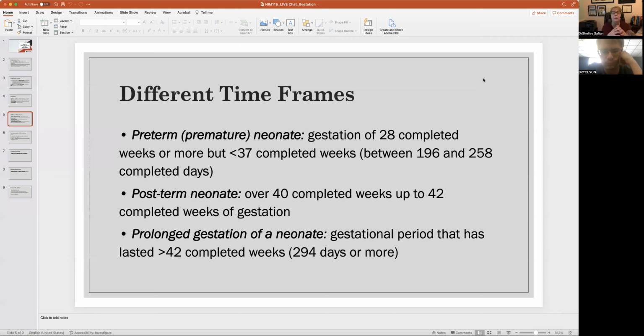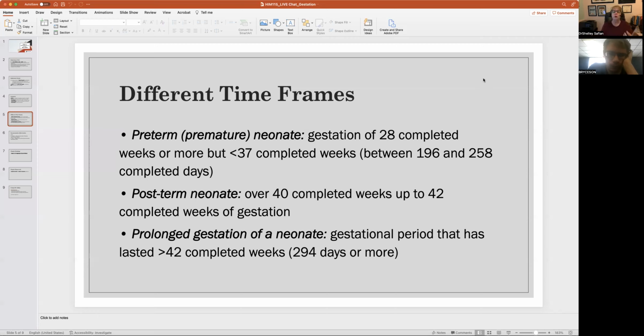Okay. Now, remember that one of the purposes for which we code has to do with research and utilization review and things like that. We know, science knows that preterm neonates are going to experience certain health concerns after they're born as they start to grow into adulthood.